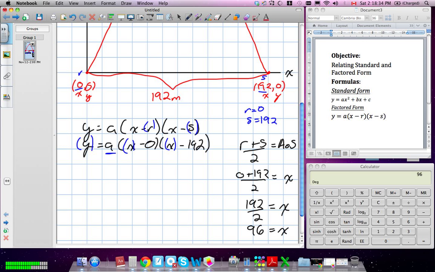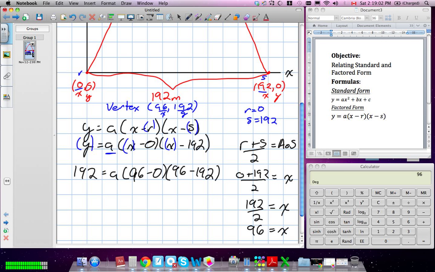So I'm going to plug this in for my x and this in for my y. So my y value is 192 is equal to a times 96 minus 0, times 96 minus 192. Now the only variable we have left is our a, and we can solve this algebraically to solve for a.